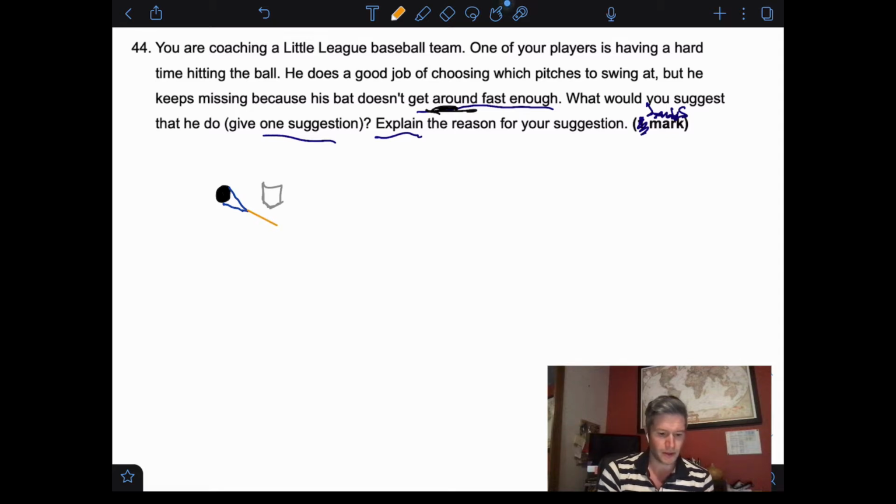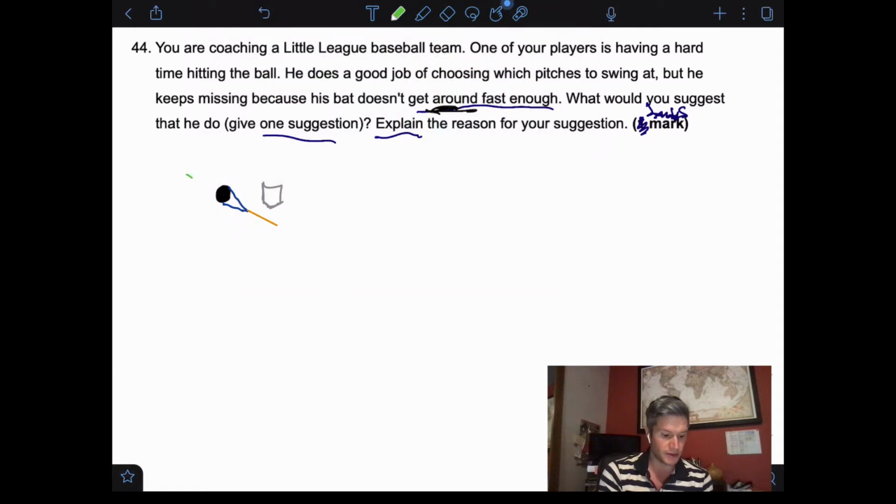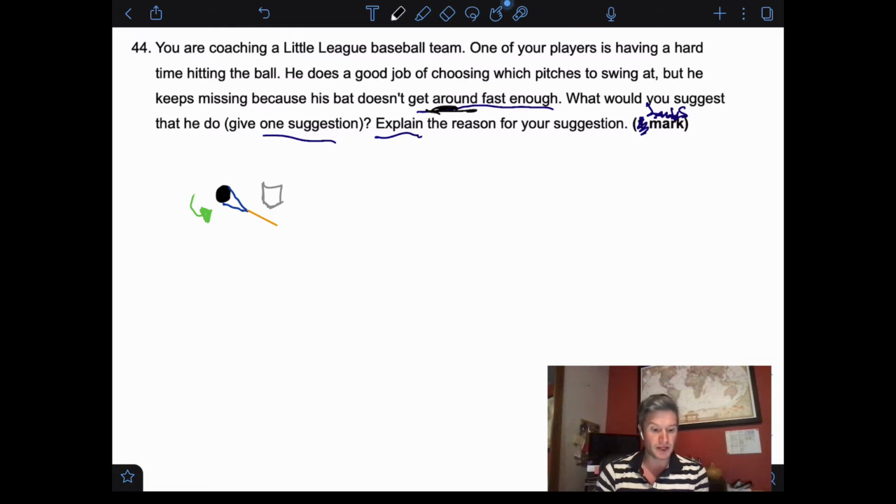There we go, and let's get some force. We know there's some sort of rotation. If we were to make an axis down the center of the body, down the midline, there's some sort of rotation happening in some kind of a direction that way.